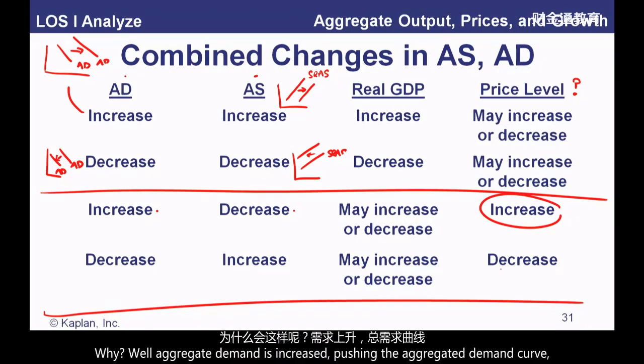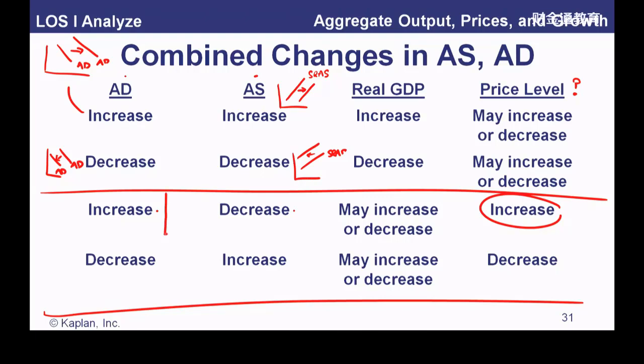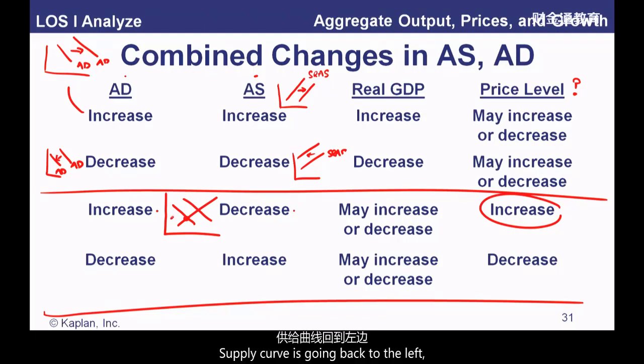Well, aggregate demand has increased, pushing the aggregate demand curve, so AD goes out to the right. We have a decrease in aggregate supply. So if we started here, the supply curve is coming back to the left. We start off here, we end up here. Price level has gone up.